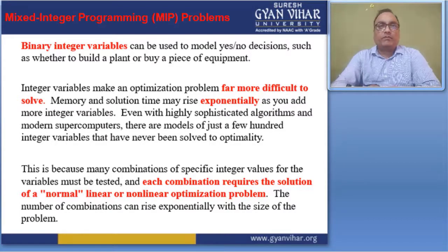In a mixed integer programming problem, the integer variables make the optimization problem more difficult to solve, and the memory and the solution time increase exponentially as you add more integer variables. If you add more integer variables, then memory rises exponentially, right?